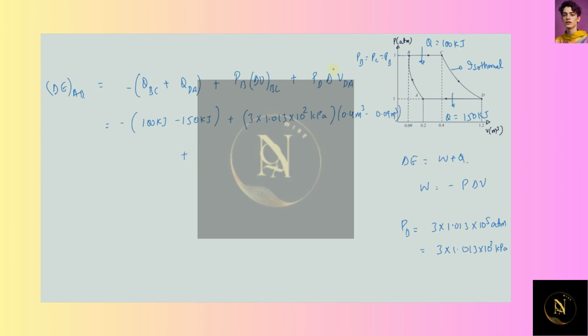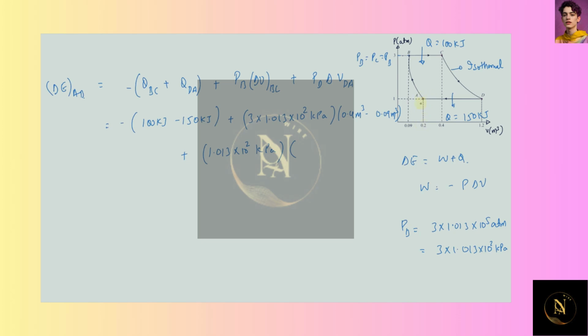Plus the pressure at point D is 1 atm. That means if you convert this into kilopascal, we'll get 1.013 into 10 to the power 2 kilopascal times the change in volume for DA. Sorry, the volume at point A we have to consider first because it's V final minus V initial.